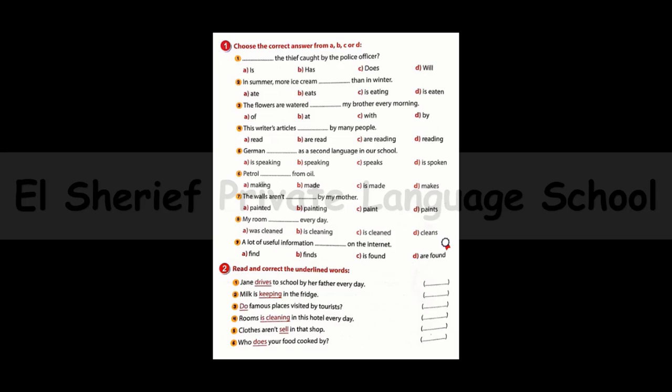Now number 2, read and correct the underlined words. Jane drives to school by her father every day. So yes, Jane is driven to school by her father every day. Number 2, milk is keeping in the fridge, and it will be, yes, milk is kept in the fridge. Number 3, do famous places visited by tourists.